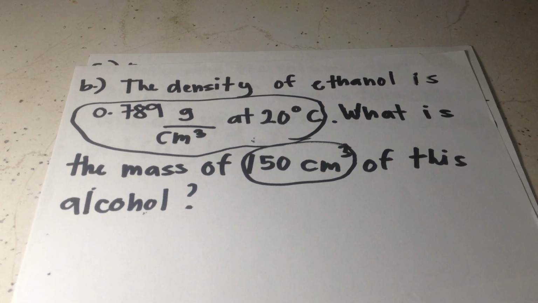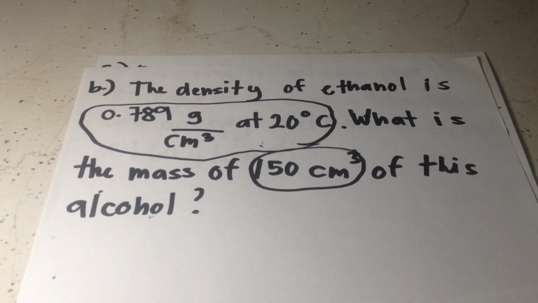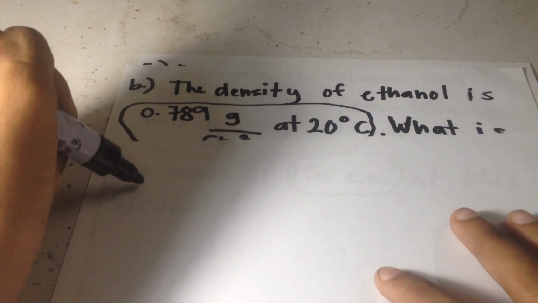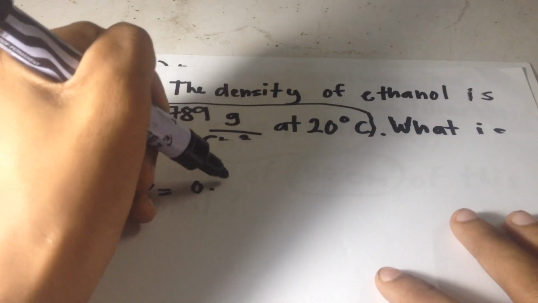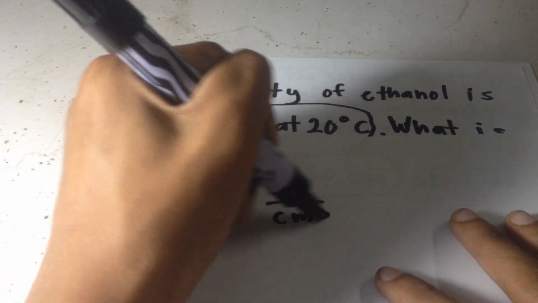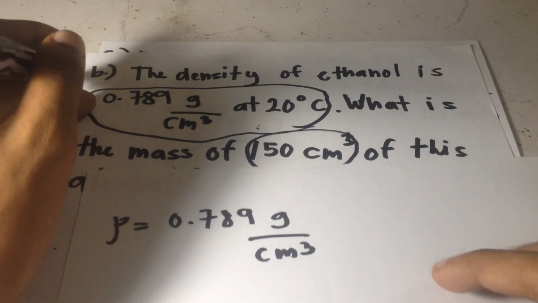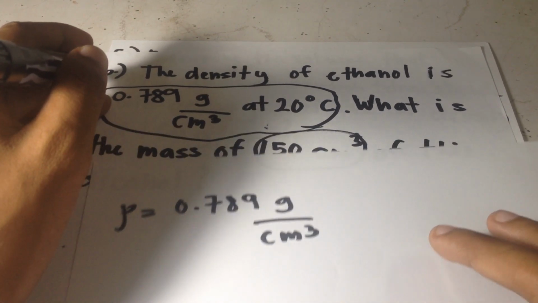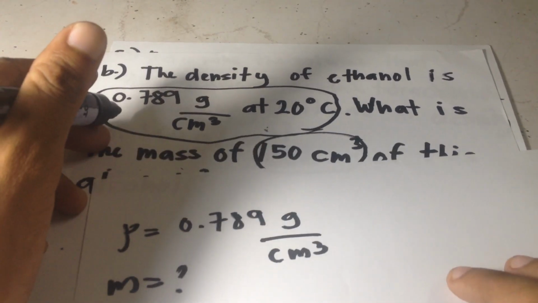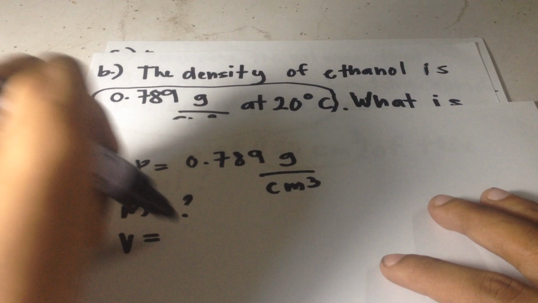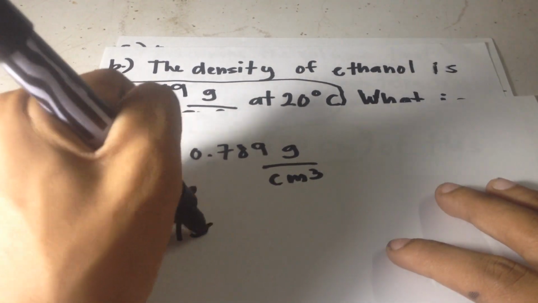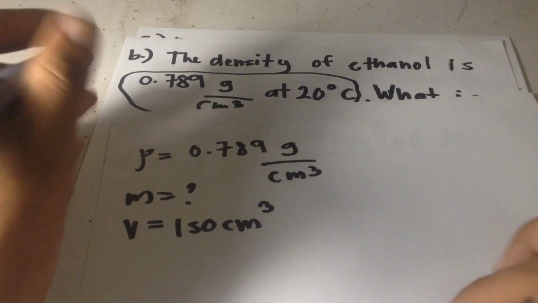So all we need to do is find the mass. The density is already given: density is equal to 0.789 grams per cubic centimeter. The mass is unknown, so we need to solve for mass. And the volume is given: volume is equal to 150 cubic centimeters.